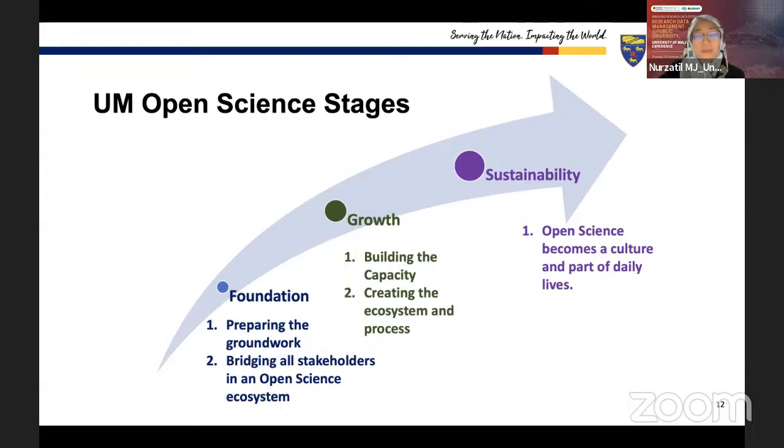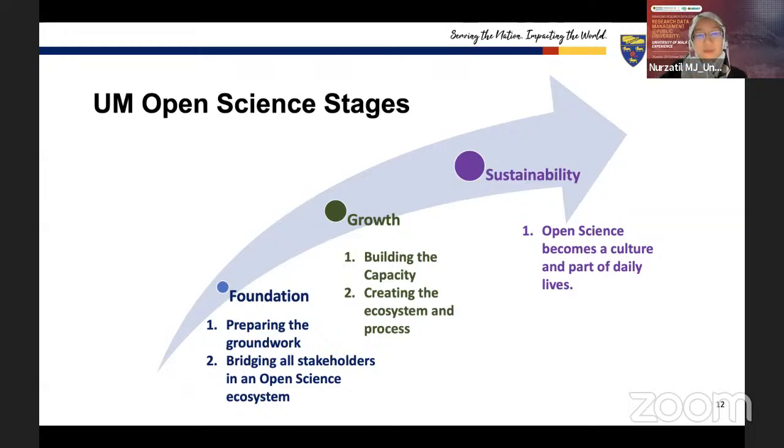It's not just about the culture; there are also many other aspects of sustainability, like financial sustainability, which is the only one I can think of at the moment. So these are the stages. From foundation, you want to grow it, and at the same time you want to sustain it, because you don't want it to suddenly lose the engine along the way. You have to make sure that you keep on pumping and pushing forward.